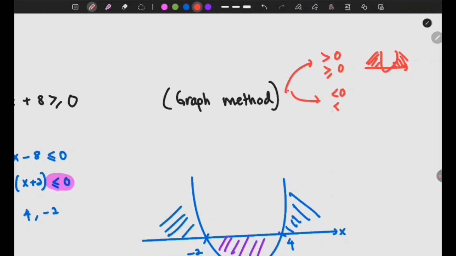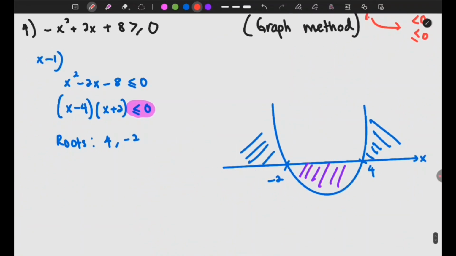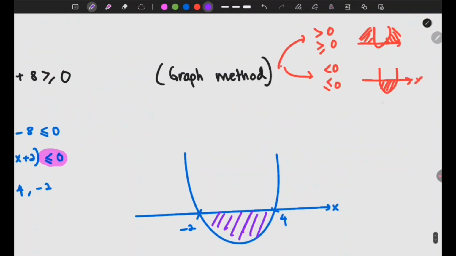And of course, what's the range? If it's inside, I told you the range goes like this. If it's outside, one is more than something and one is less than something, the pattern will never change. Inequalities, that's the easiest one.